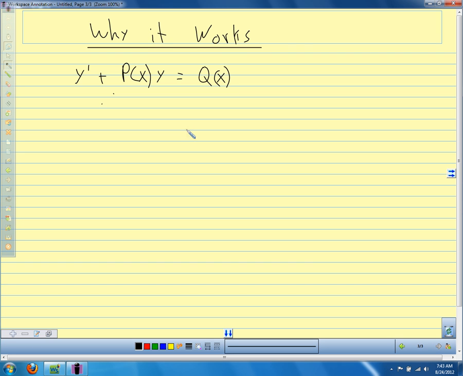And our integrating factor u is e to the integral of p of x dx. So what I'm going to do is multiply both sides of the equation by u, by the integrating factor.